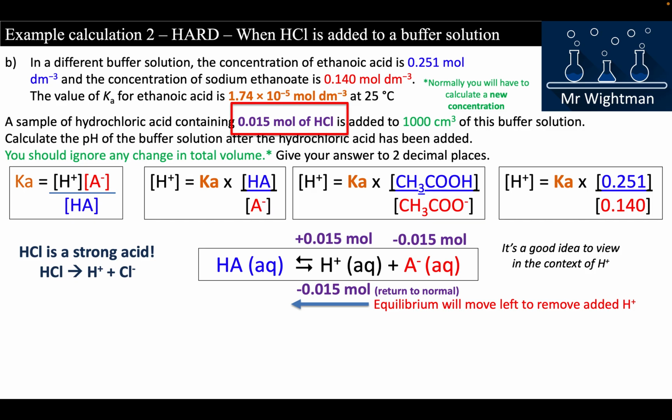So my H+ went up by 0.015. In order to return it back, and this is why it's called a buffer, to resist change in pH, in order to get the H+ back to what it was, it needs to decrease by the same amount that was added. So the A minus decreases, and as the position moves to the left, because the reaction ratio is 1:1:1, 1 HA makes 1 H+ and 1 A minus, that means the HA value will also increase by 0.015.